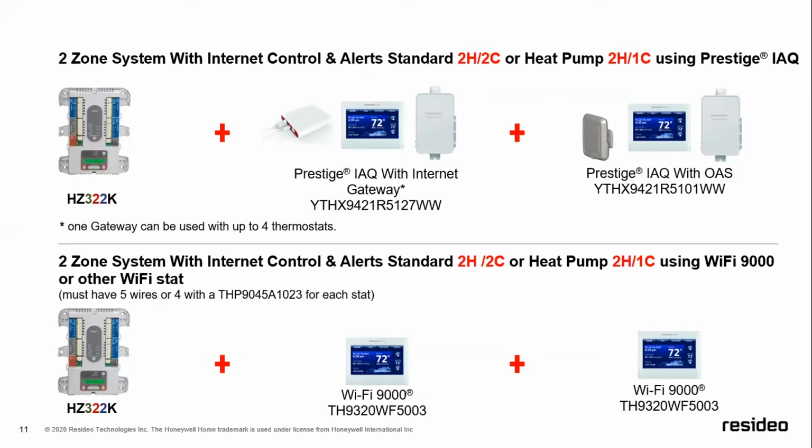And so if you've got a customer that absolutely unequivocally wants to have all the bells and whistles, more can be achieved by going with those particular kits than going through a wireless adapter that we'll talk about in just a little while. And then on the bottom, same deal. We just want to make sure that we've got all the control wires going to the Wi-Fi 9000s for proper operation as well as communication with the homeowner's router. Okay, next, please.